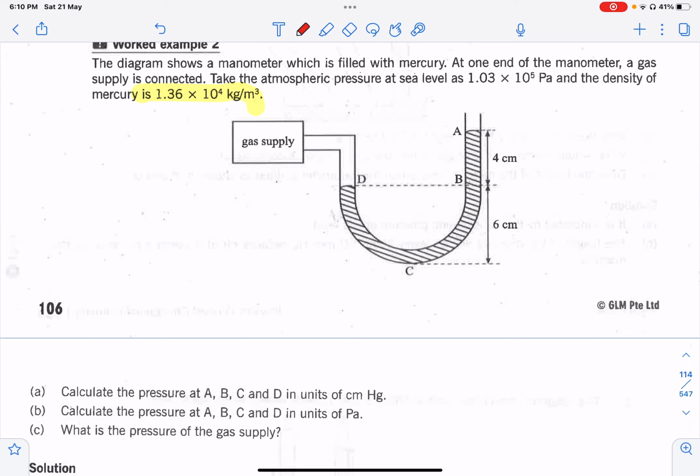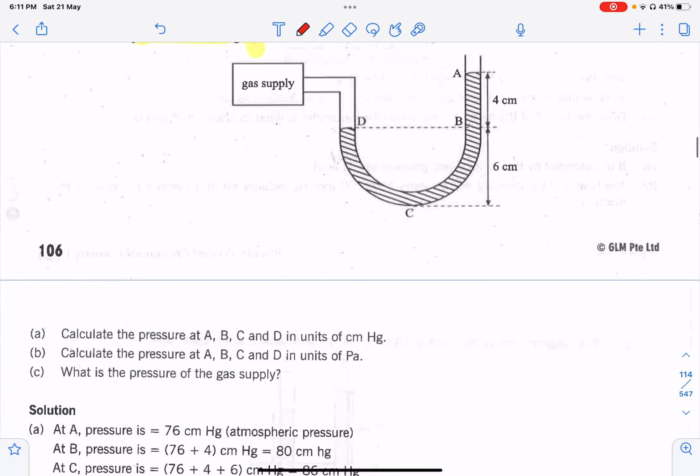So let's look at A. At A, the pressure is the same as the atmospheric pressure, because there is no liquid exerting pressure on it. At B, on the other hand, there is both the atmospheric pressure plus the pressure of this liquid.